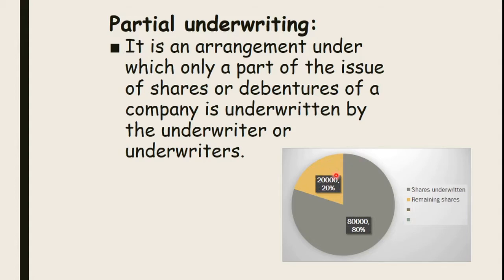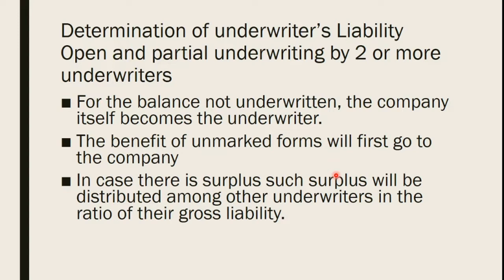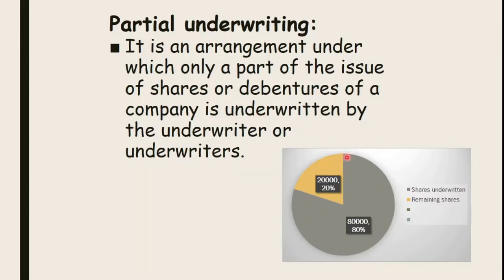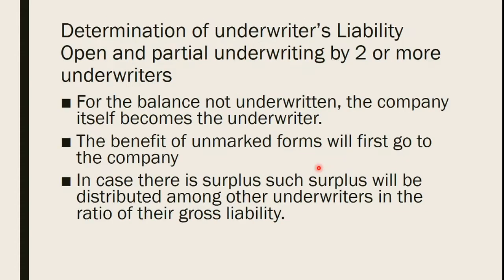Okay. So in this case, how do we determine the underwriter's liability? Now, as I have said, the method is different from that which is applied for complete underwriting. So what we have to do here is, for the balance not underwritten, that is in this case 20,000 not underwritten by any of the underwriters, the company itself becomes the underwriter.